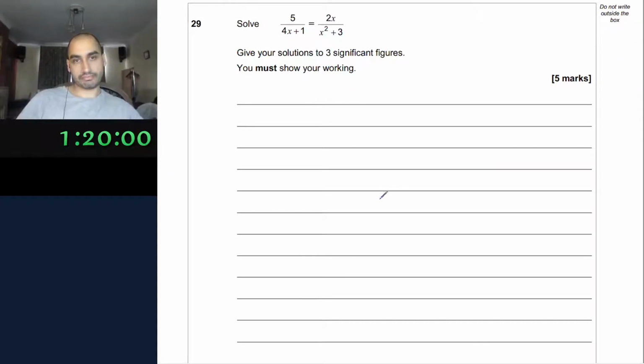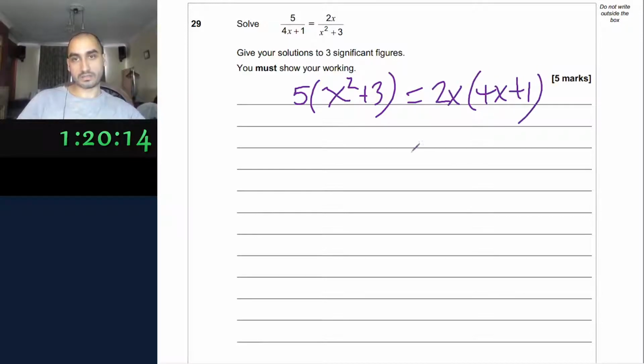Solve this. 5 marks. This is the biggest question of all. Okay. 5 times x squared plus 3 equals 2x times 4x plus 1. So we've got 5x squared plus 15 equals 8x squared plus 2x.